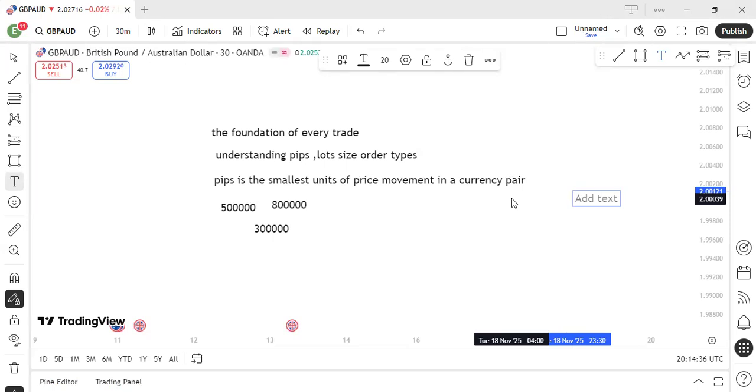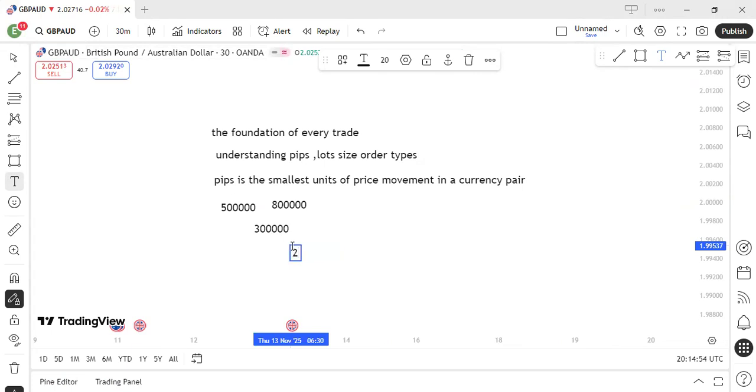Now, once price moves, let me say for example, let me use this GBP AUD. If you have something like 2.0080 to 2.0090, are you with me?